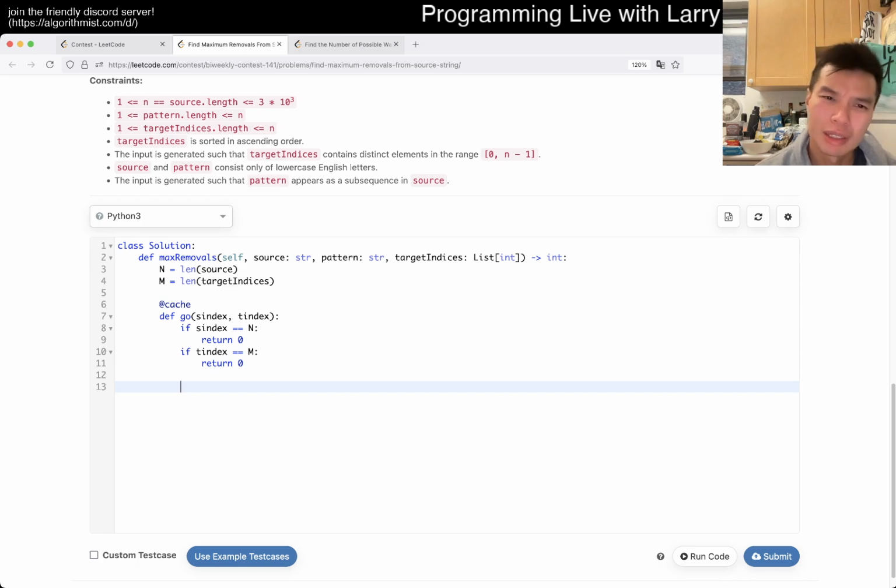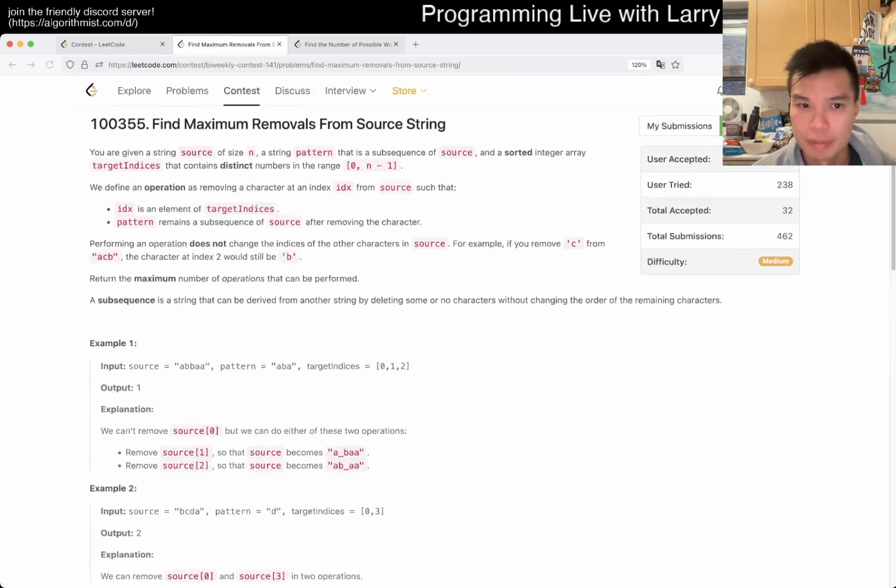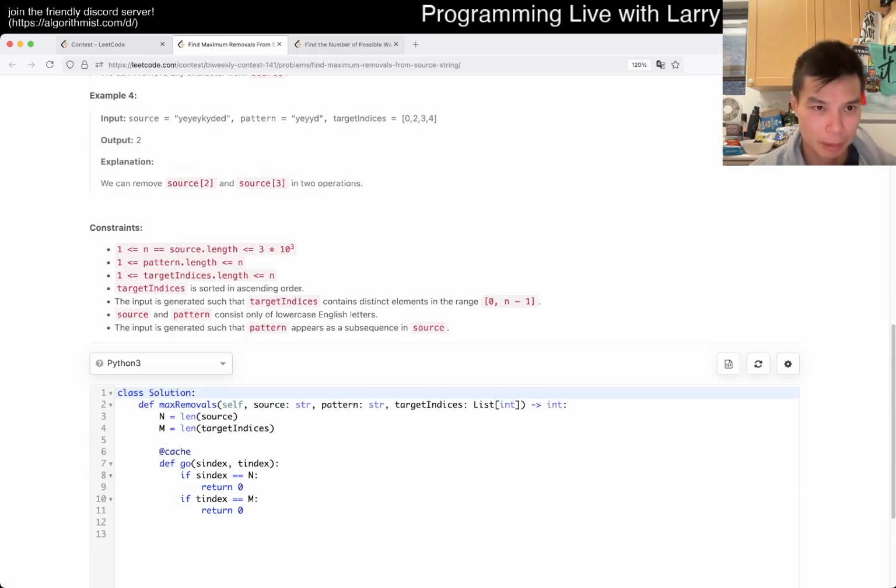Oh no, is this even right? Because we have to, no, we have to keep track of the pattern index. Maybe, at least the way that I'm thinking about it. You can't just. And it is 3000.